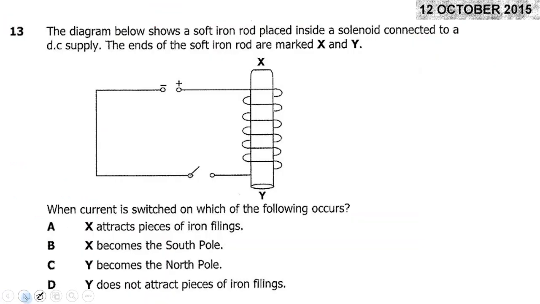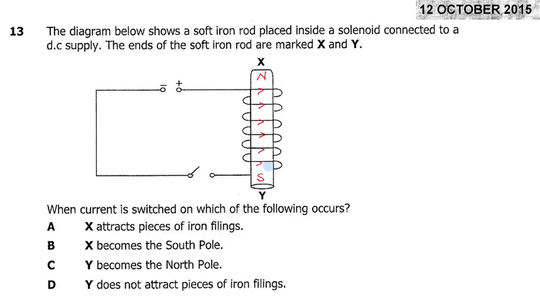Then we move. This one is from 2015. The diagram below shows a soft iron rod placed inside a solenoid connected to a DC supply. The ends of the soft iron rod are marked X and Y. So this is positive, meaning current is going like that. Definitely this will be north and this will be south.